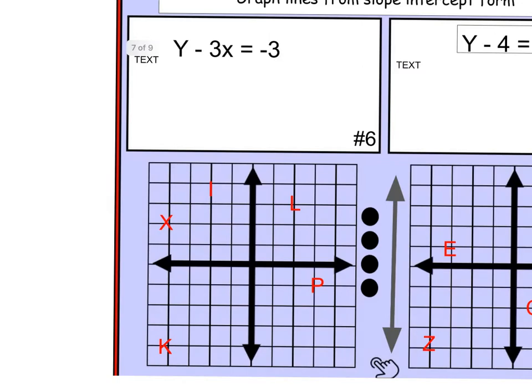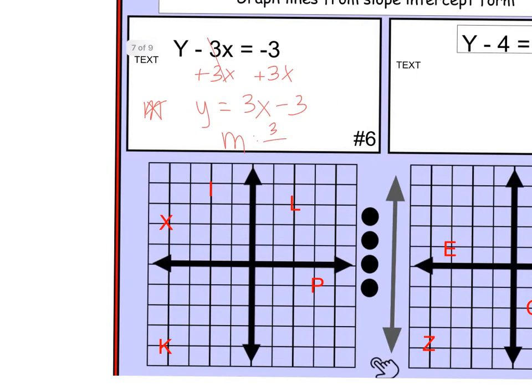Alright, number 6. On this one, the m, we shouldn't pull until we get it in slope-intercept form. So what I'm going to do is get y by itself. So I'm going to add 3x to both sides. So that's going to give me y equals 3x minus 3. My m is going to be what comes before the x.